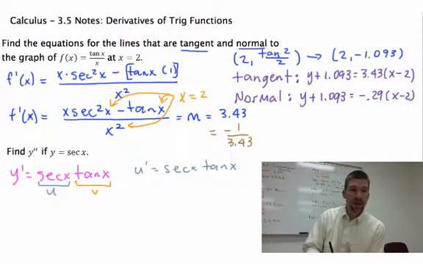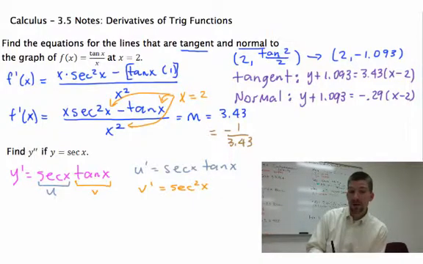And we need the derivative of v. So when you look at the tangent, the derivative of the tangent is secant squared x. So we're going to go with the first times the derivative of the second.